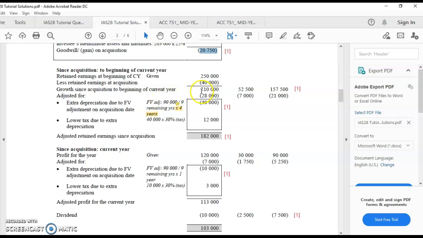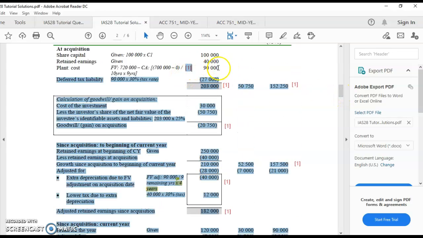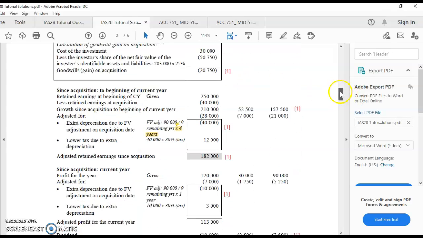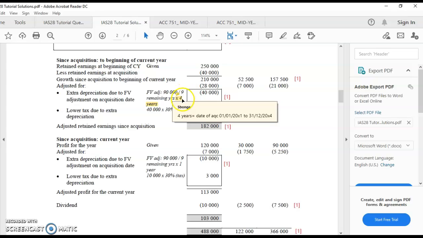Since acquisition, we already worked out this 210,000 while we were reading the question, which is the growth in retained earnings. Then you calculate 25%, which is our portion. Because you had an adjustment at the beginning for the extra depreciation from the increase in the fair value of plant, you have to depreciate it. The depreciation is 90,000 divided by the remaining useful life, times 4 years. Why 4 years?